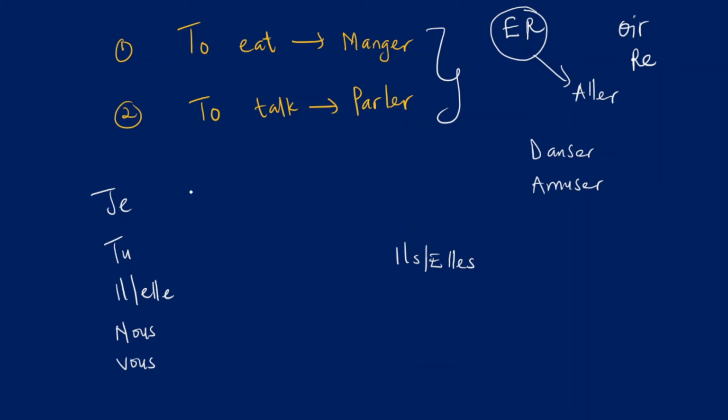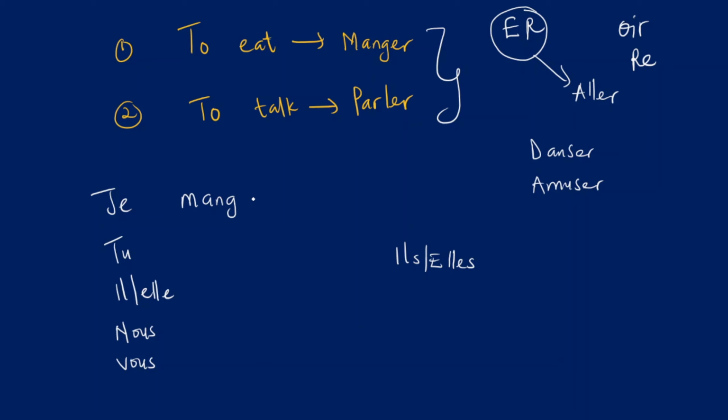So now there is a pattern. The pattern is just write this verb, mang, okay. Now just remove the ER and see. Now there is a pattern they follow.